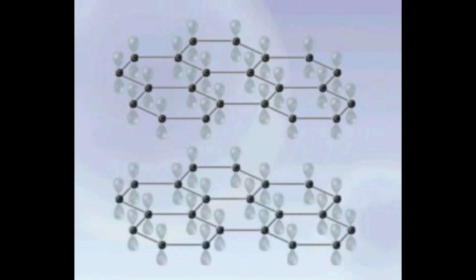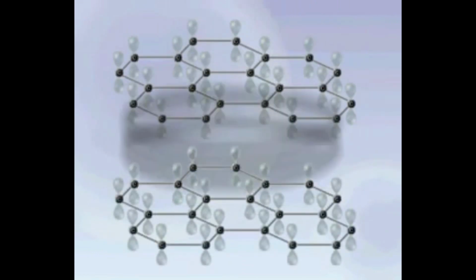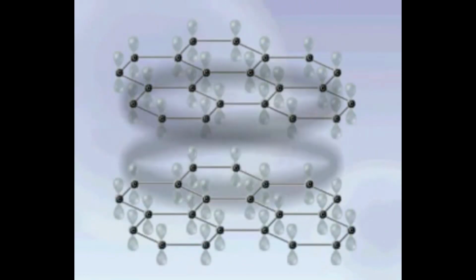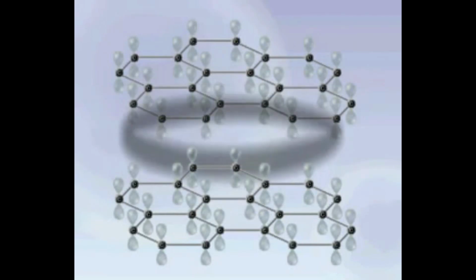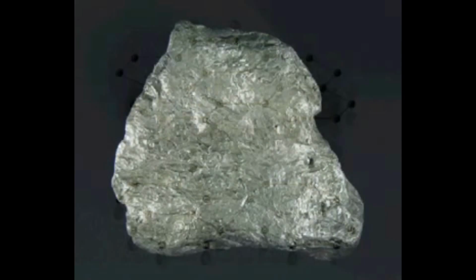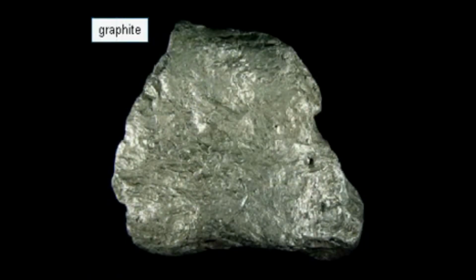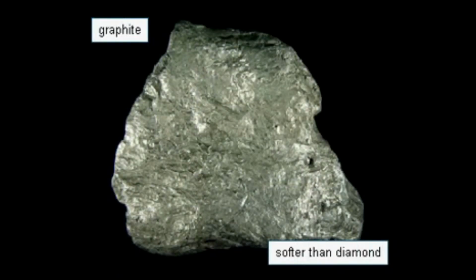The 4th electron from each atom forms part of a delocalized cloud of electrons extending above and below the plane of carbon atoms. The planes can slide over one another, so graphite is much softer than diamond. Graphite conducts electricity, since the delocalized electrons are free to move between the planes.